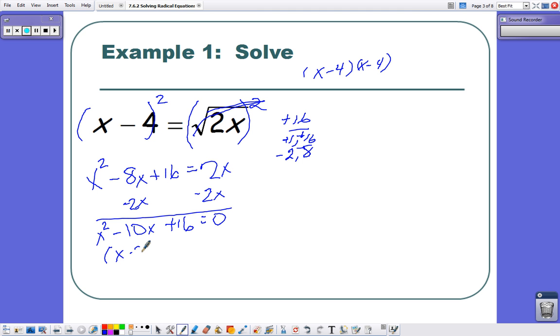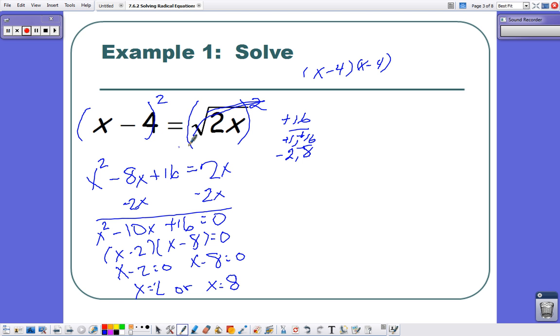So this solution is x minus 2, x minus 8 equals 0. So I take x minus 2 equals 0 and x minus 8 equals 0. Add 2 to both sides, so x could be 2, or add 8 to both sides, and x could equal 8.